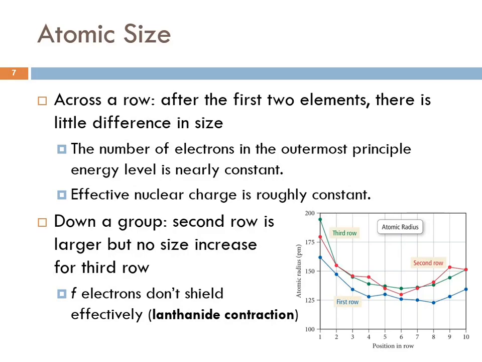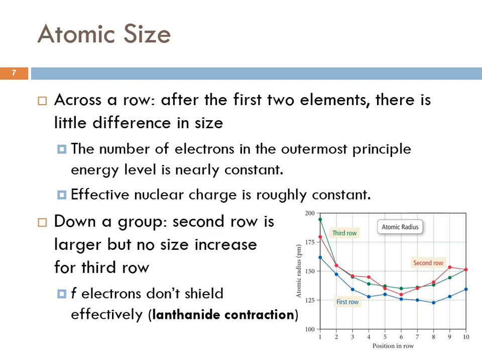Okay, so let's look at some of the trends. We studied these in 1A for the main group elements, and we're going to look at how they're different for the transition elements. So try to throw some review in here as well. So atomic size, to refresh your memory, for the main group elements: as we go down a group in the periodic table, the atoms get larger.